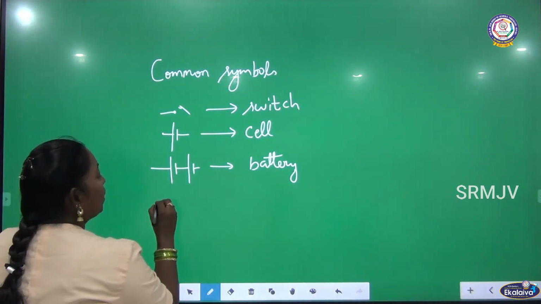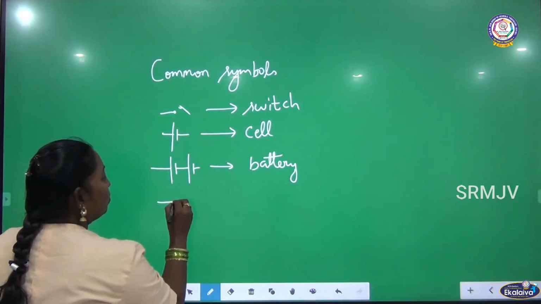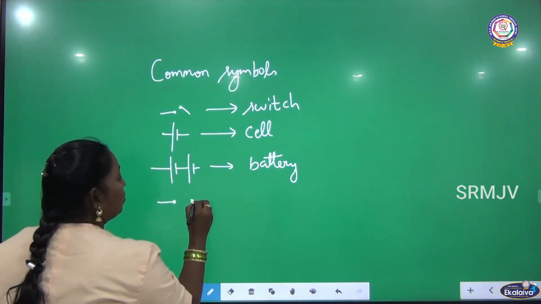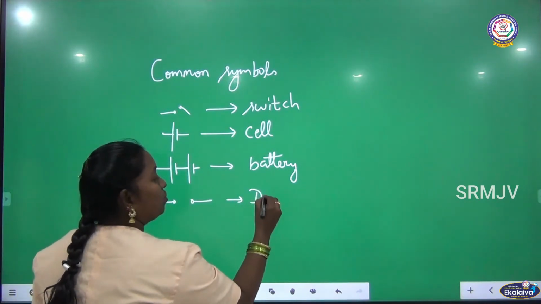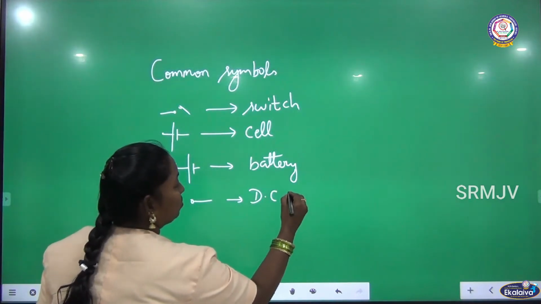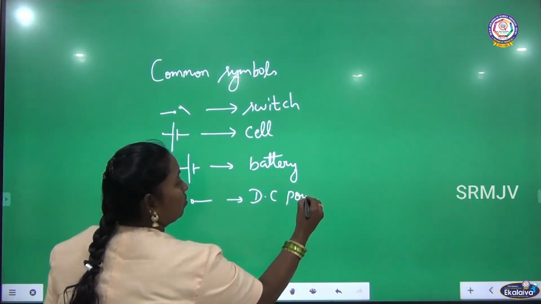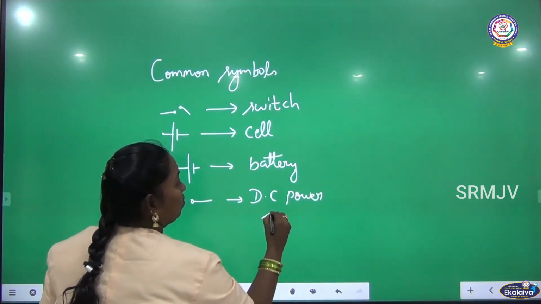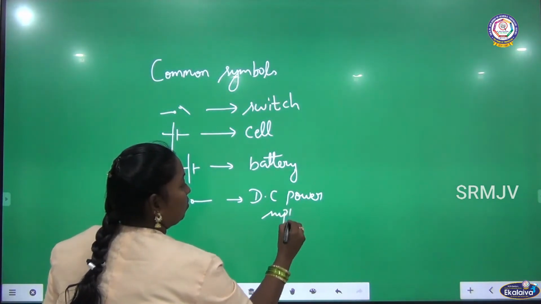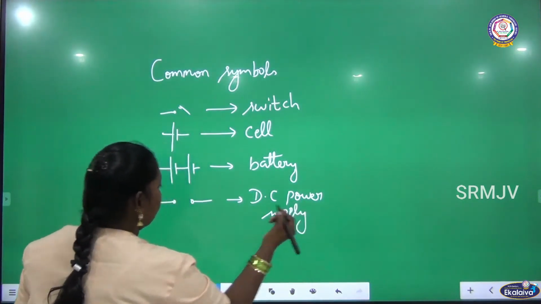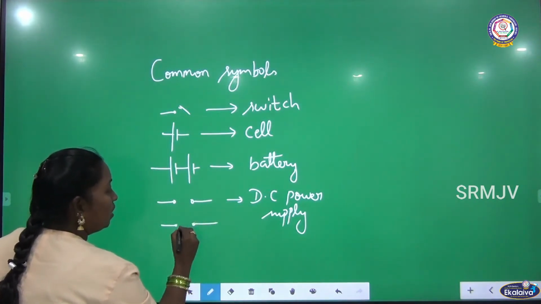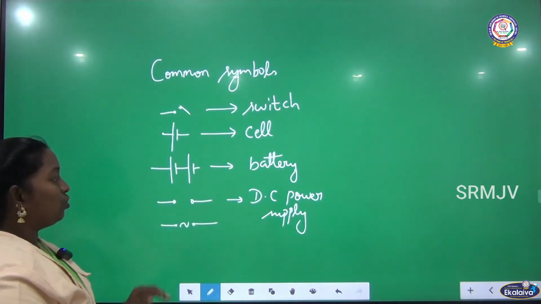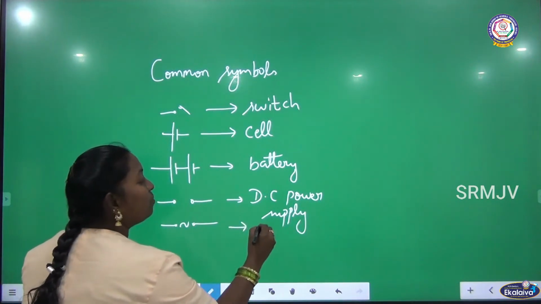Likewise, this symbol shows the DC power supply, which means direct current power supply. In the same way, with a slight difference to this, this symbol shows that it is an AC power supply.